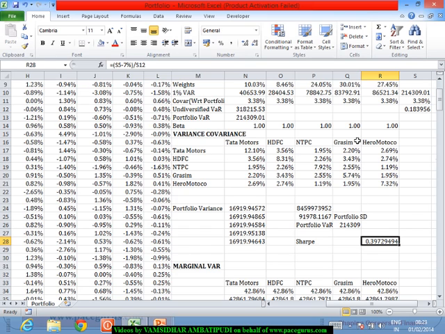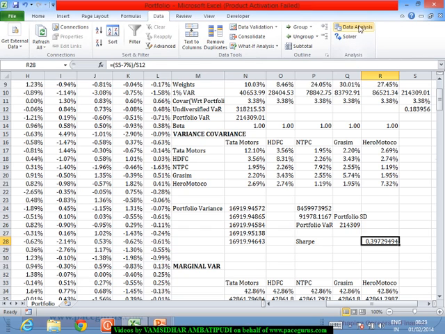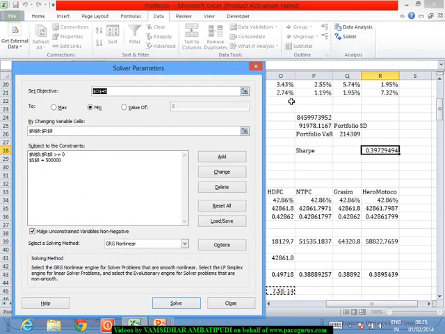So as a part of the same solver tool, I would have taken the Sharpe ratio of the portfolio and set it as the maximization objective, wherein I'm changing the values, and the rules will still remain the same.